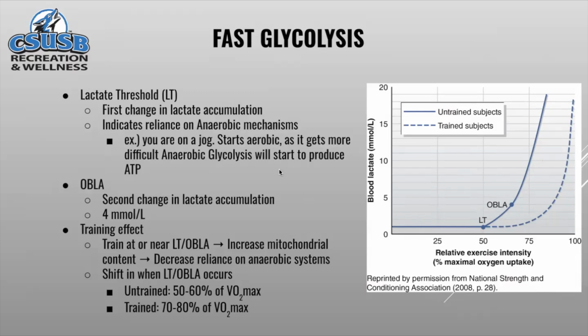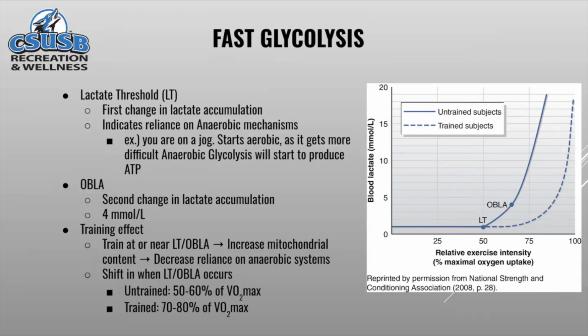One way you can look at it is if we're going on a jog, we're going to start in our aerobic system because the intensity is not super high. The demand does not require us to fuel energy very quickly. We can sustain it with our aerobic system, right? Slow, lots of energy, can go for a long time.